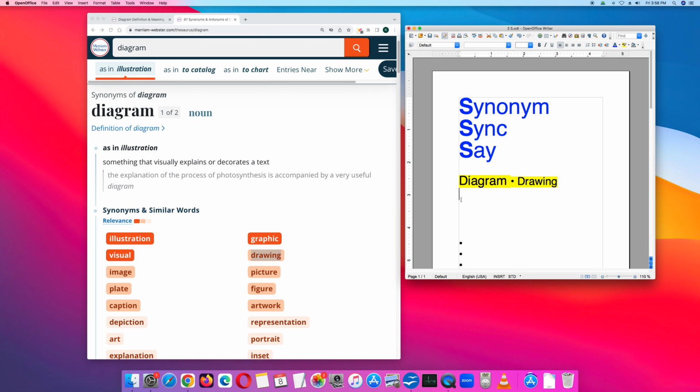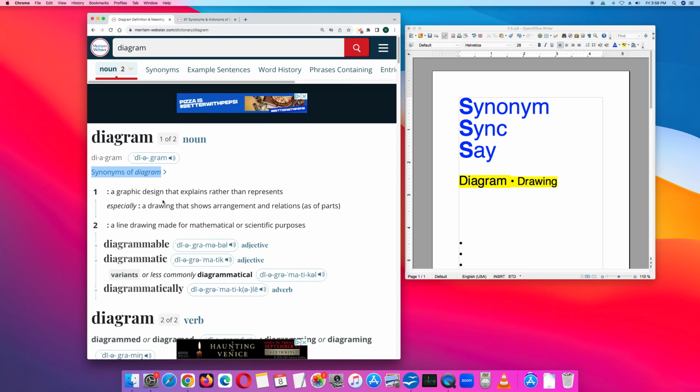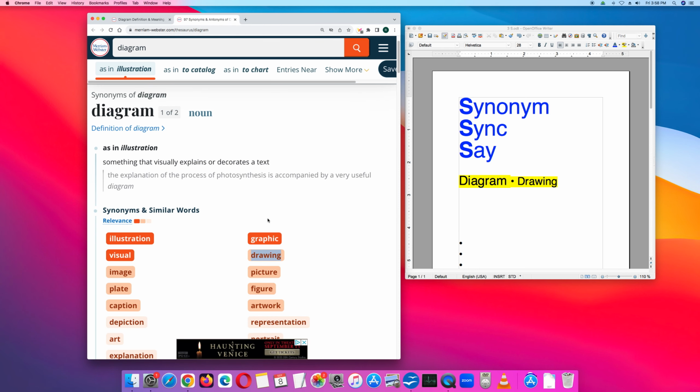Okay, so now we did that with one synonym. That's actually good enough, but if we want to add on to it, what are some other good synonyms here? So drawing's good. Let's say illustration, graphic design.